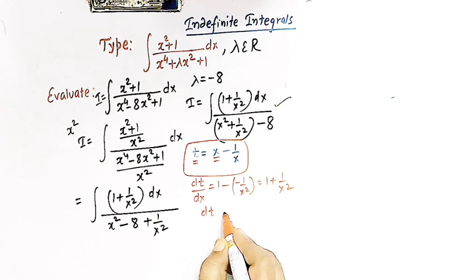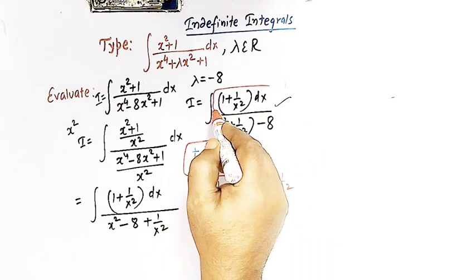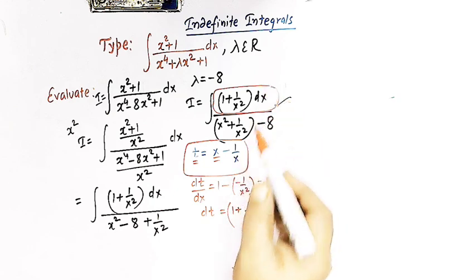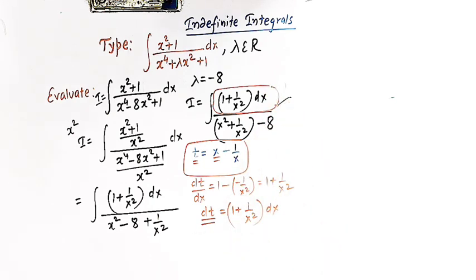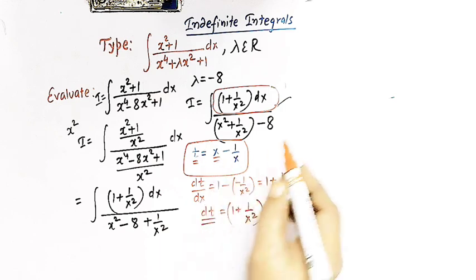So now dt can be written as 1 plus 1 over x square, and here we have dx. So now we can replace this quantity with the dt, right? So this is the appropriate substitution here.